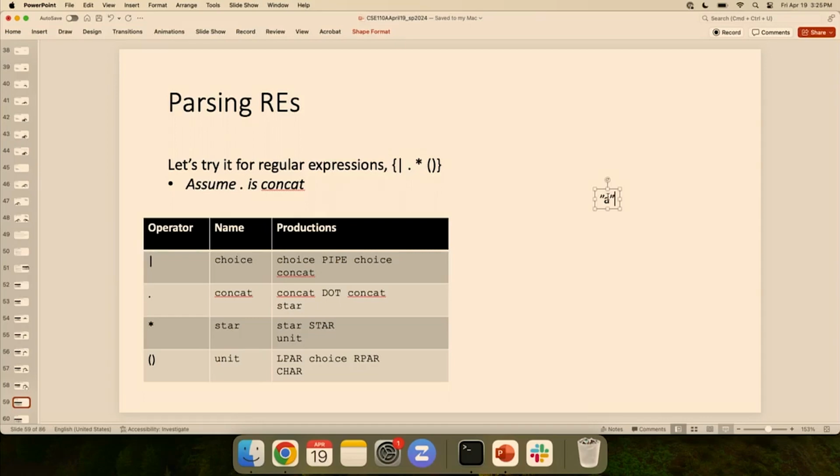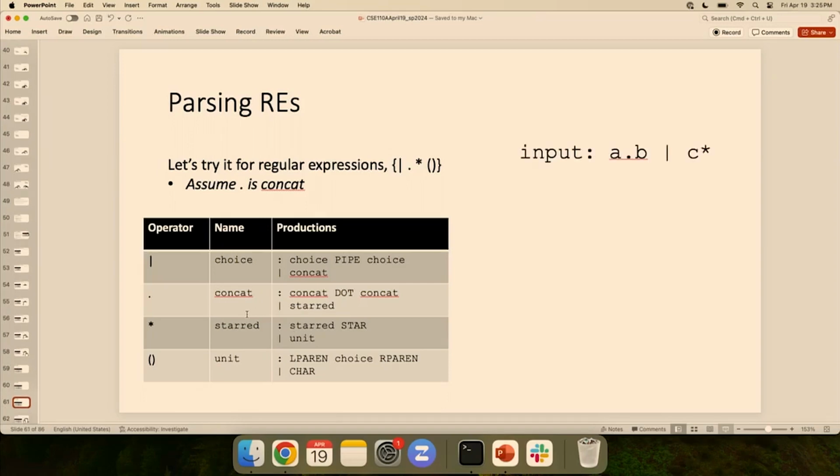Okay, good question. Anyone else? Okay, so essentially I have the solution on the slides as well. What we can do is, if we have an input, let's say A concatenated with B or C star, if you have the grammar, even if you don't remember what the precedence is, you can make a parse tree here.